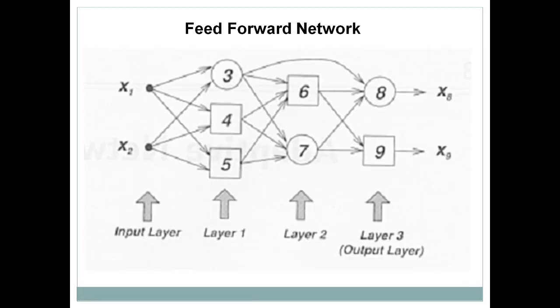That is the problem with a feed forward network: there is no provision through which you can provide feedback on what kind of output we are getting. In an artificial neural network we have forward propagation and backward propagation, but in a feed forward network we only have forward propagation.